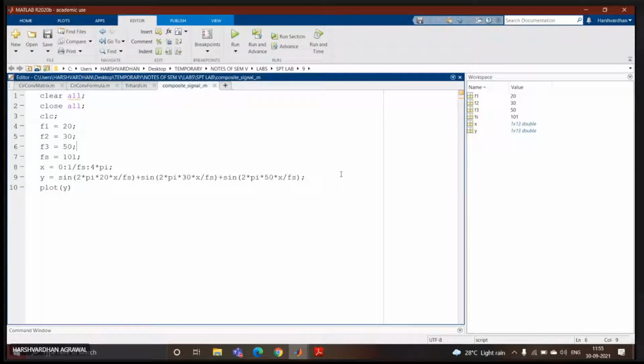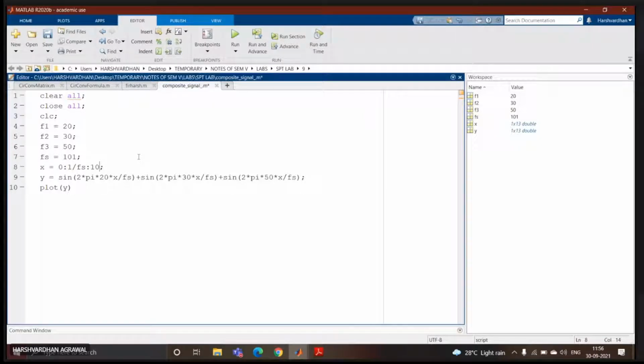Okay, you have kept 4 pi. So you keep some value not in pi. Pi is already there. You keep some say 5 seconds. Okay, 5 or 10 seconds. 10 seconds. Don't keep pi. Okay. So this way, and here sine 2 pi f into x.